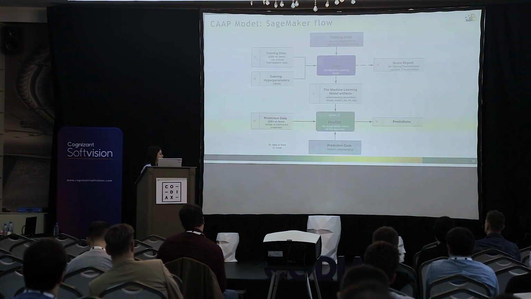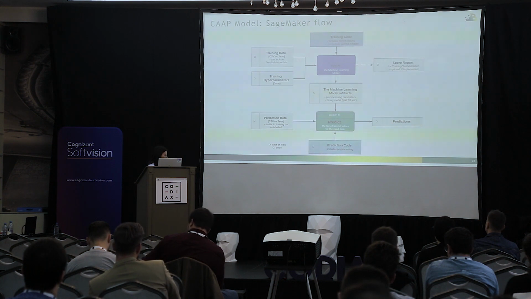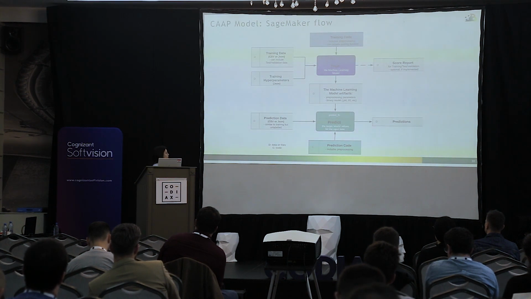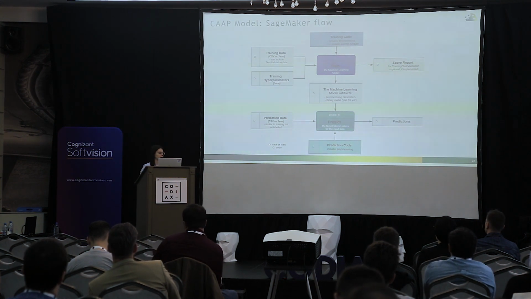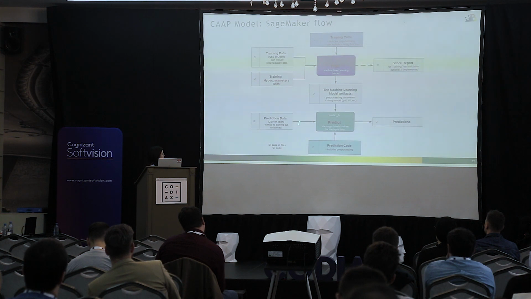But in order to put our custom approach into it, we have used the latest SageMaker recommendations, which is using the custom script mode. With this approach, we wrote our own script for the training and for the prediction.